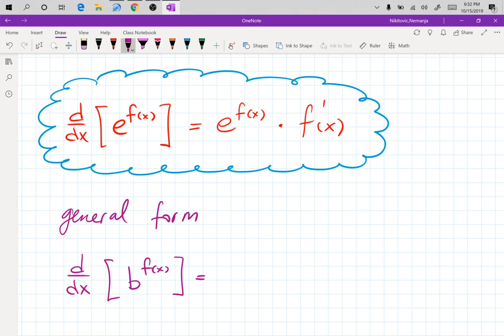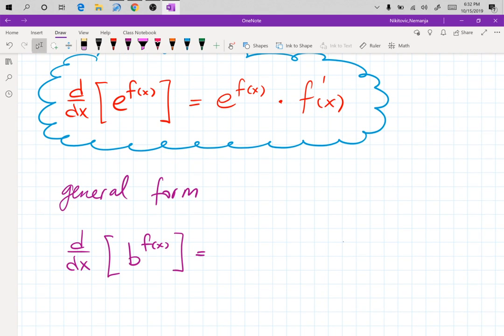You would think that this b stands for a base. It stands for boss. So this would be the boss equation because you can have any base, not just e, any base and then any function. And that derivative is going to be b to the f of x times f prime of x, just like up there, and then times ln of b.